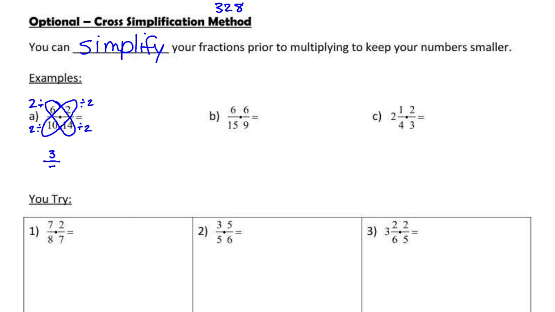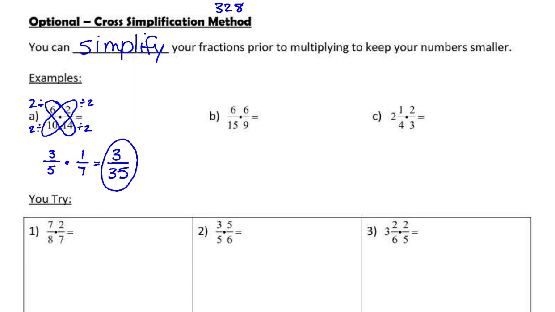And that's my new fraction. It's equivalent. Remember when we talked about equivalent fractions and ratios? And then if I do 2 divided by 2, that's 1, and 14 divided by 2 is 7. Now I have smaller numbers to work with. 3 times 1 is 3. 5 times 7 is 35. And that doesn't require any simplifying because I did it before I did my multiplication.